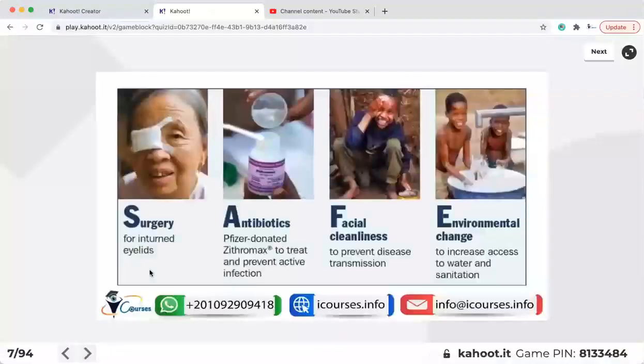So these are the 4 strategies for eradication of trachoma: surgery, antibiotics, facial cleanness, and environmental change. All these measures have been used for many decades. However, the antibiotics specifically have been rapidly evolving over the last 2 decades, like azithromycin, or Zithromax, from Pfizer.